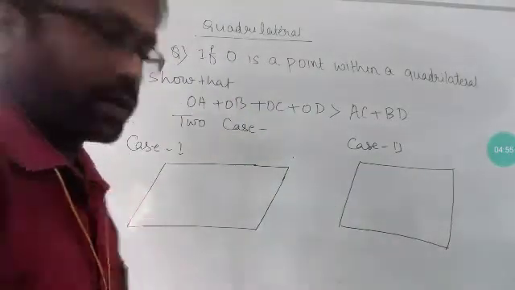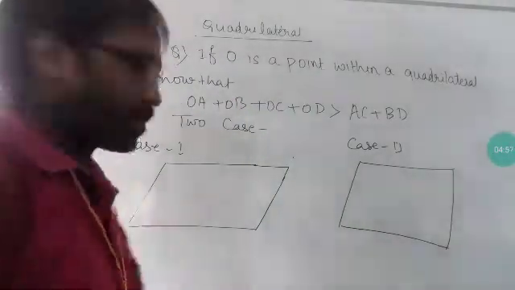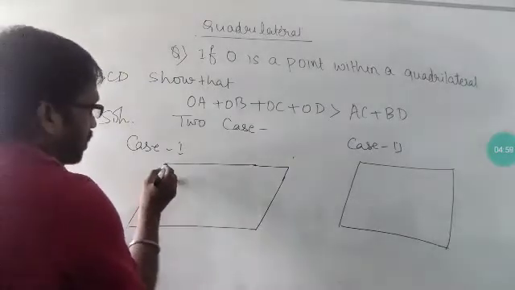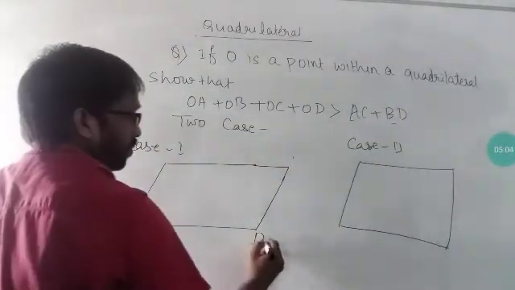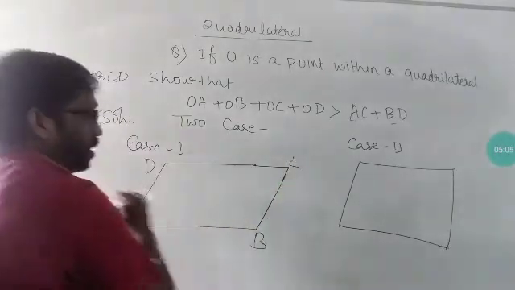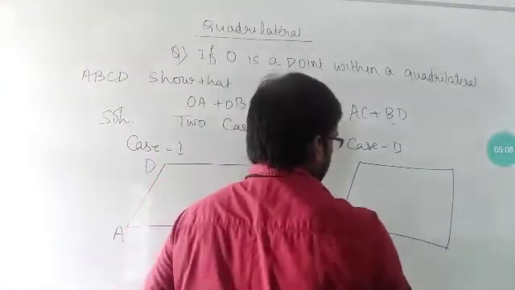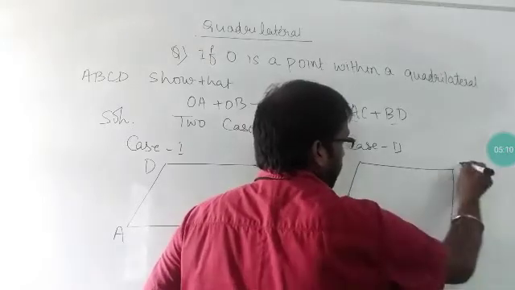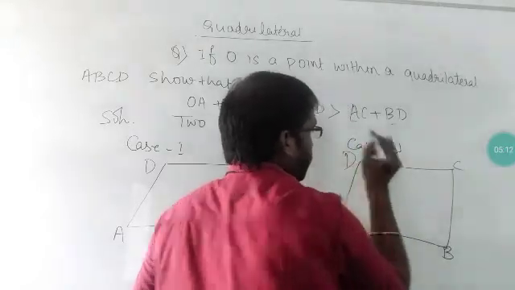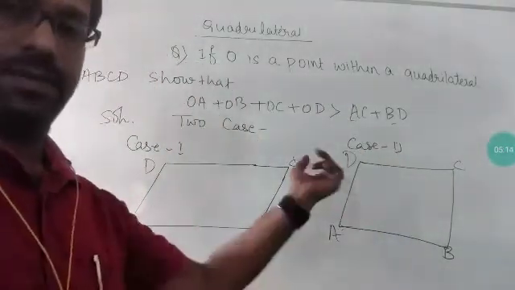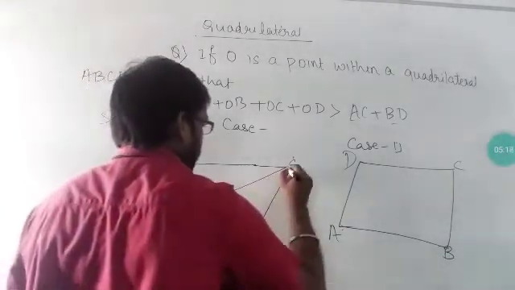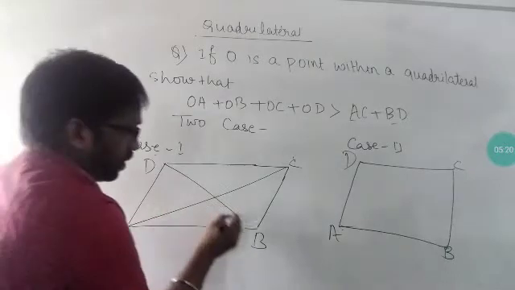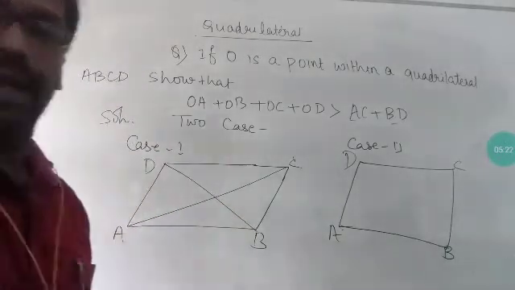I have made a quadrilateral. Now we should join AC and BD in both cases. One case will be possible, one case will not be possible.